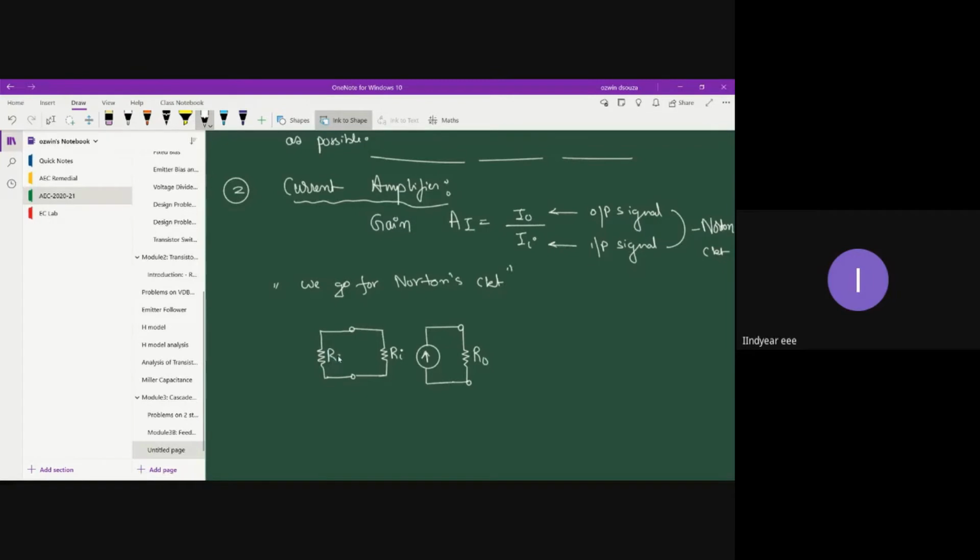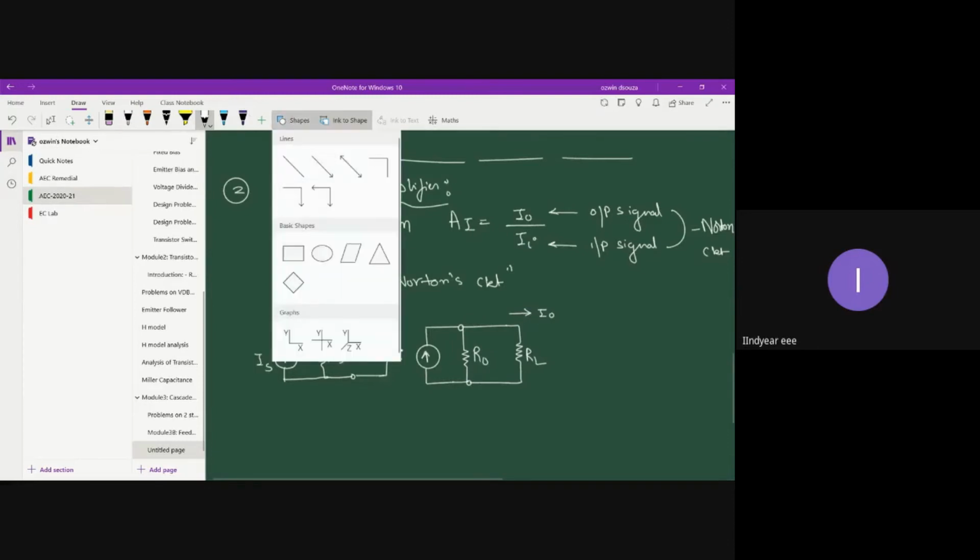This is the source resistance Rs, and this is your source current Is. And on the output side, you will have your load resistor RL. All right, so this is the representation of the current amplifier circuit. So this is your input current II, and this is your output current I naught.